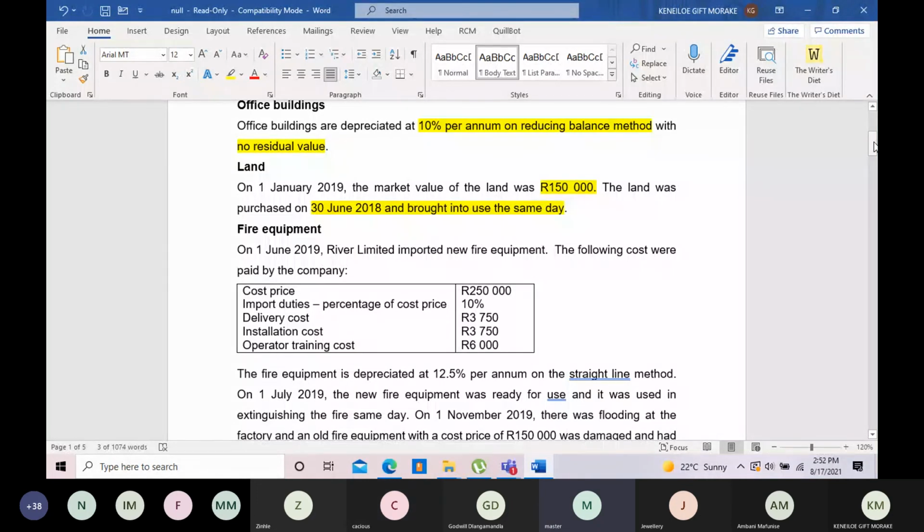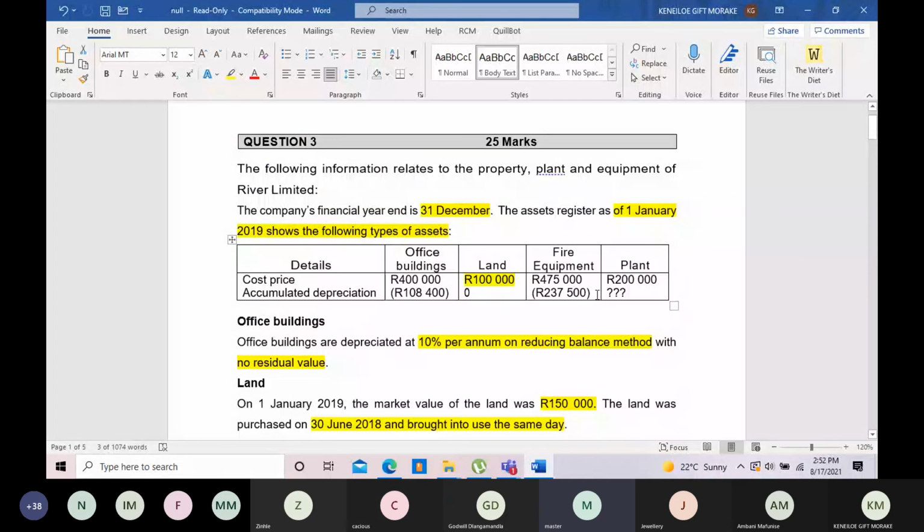So you take the accumulated depreciation at the beginning, not at the end, and then you divide it by the depreciation. I see. You divide. Yeah. Got it.